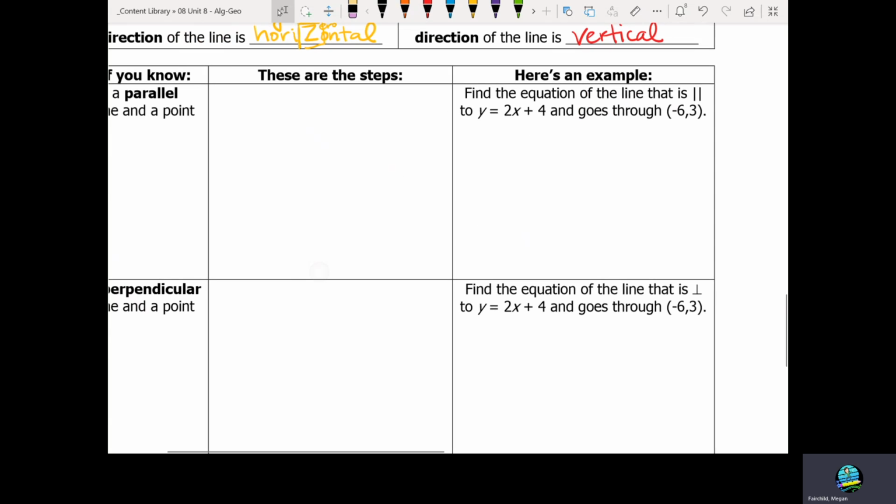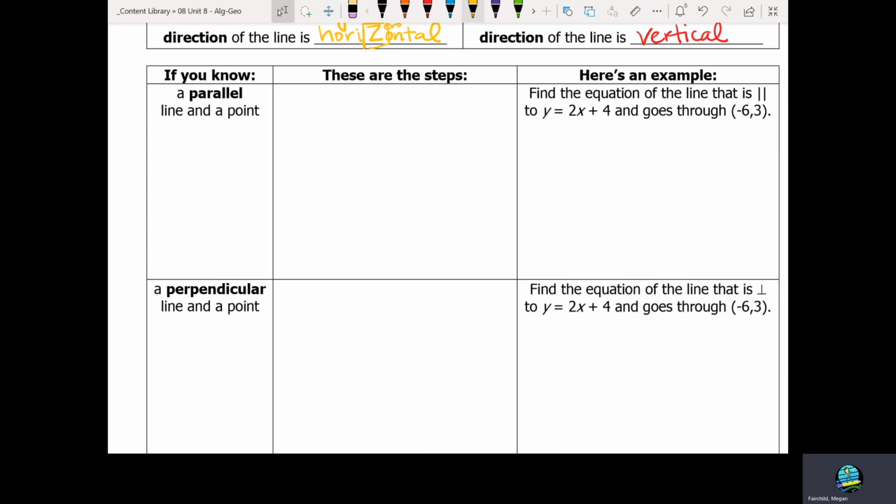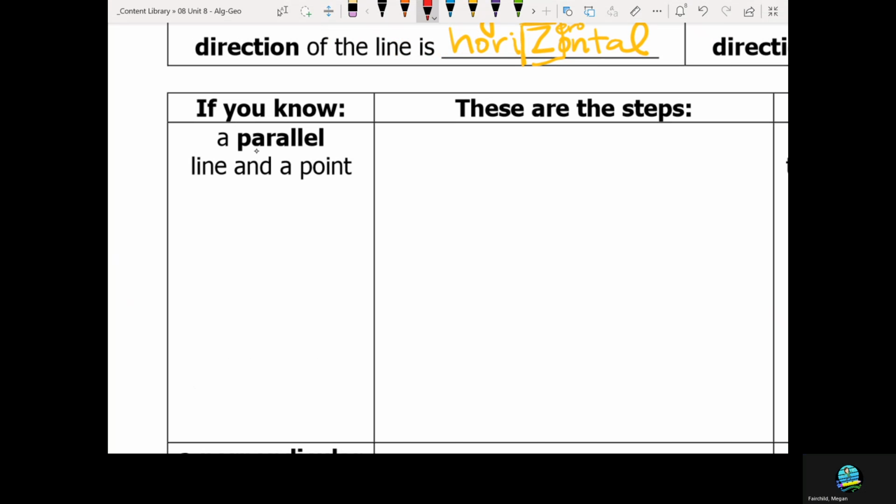All right, last thing to talk about is parallel and perpendicular. Sophia Wagner, what do you know about parallel lines? What do you mean they're equal? Not equal, but I don't know how to explain it.